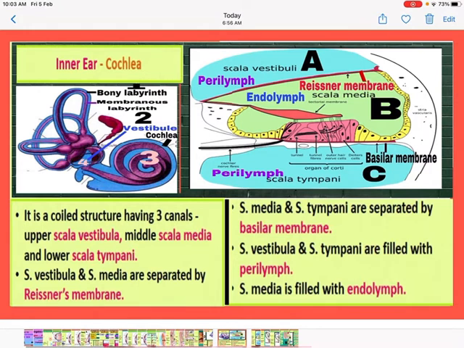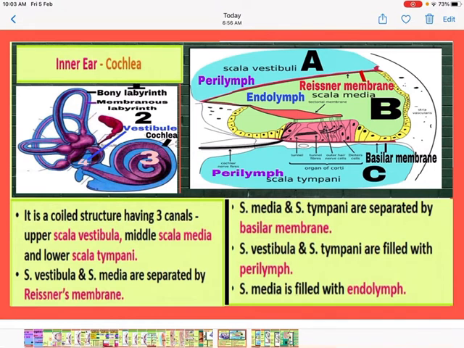It has 3 canals. A. Scala vestibuli, shown with blue color. B. Scala media, shown with green color. And C. Scala tympani, shown with blue color. Now see the membranes in the diagram. Between A and B, that means between scala vestibuli and scala media, the Reissner's membrane is present.